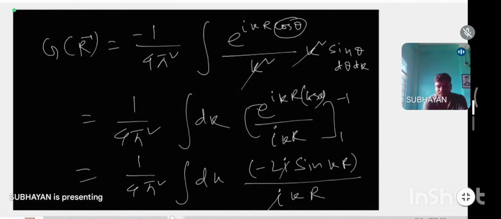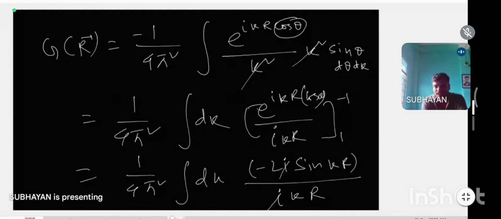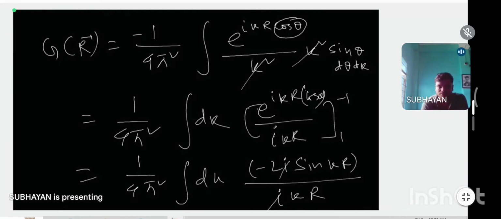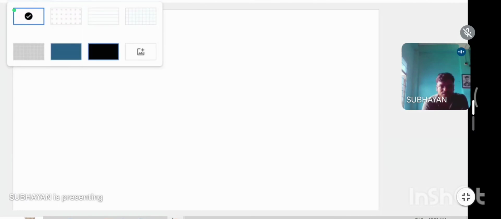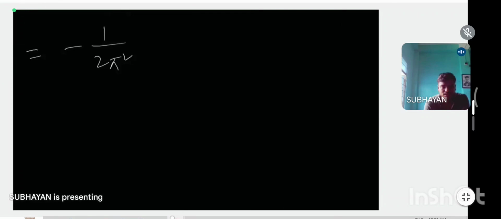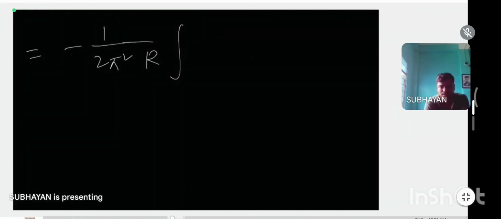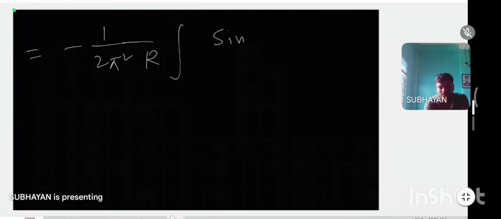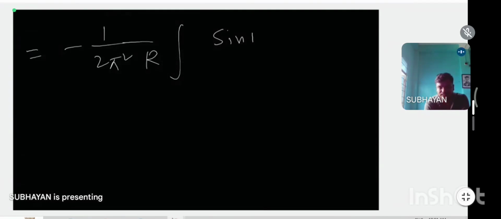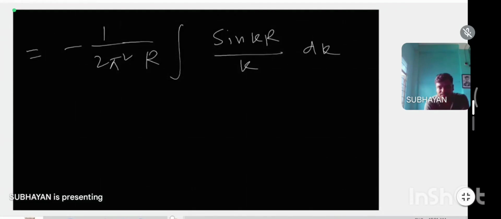So i will be cancelled out, and r can be out of the integration. So this will be minus 1 by 2 pi square r integration sin kr by k dk, and the limit of k will be from minus infinity to plus infinity.